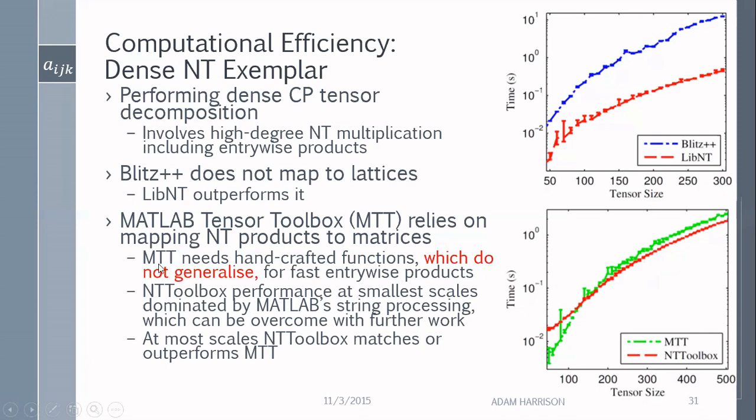One of the reasons is that at lower operand sizes there's some overhead because of the string processing involved, which theoretically can be overcome. Something else to point out: Sandia's MATLAB Tensor Toolbox is intended for n-mode notation and does not really generalize. It's not as general purpose; it's more handcrafted for specific things related to n-mode notation.